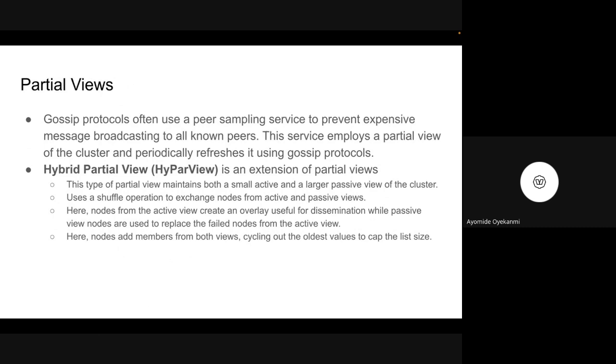And so partial view, I feel like it's just an extension of all the things we've been talking about. Every node only has a partial view of the network, so it only knows a particular group of nodes.